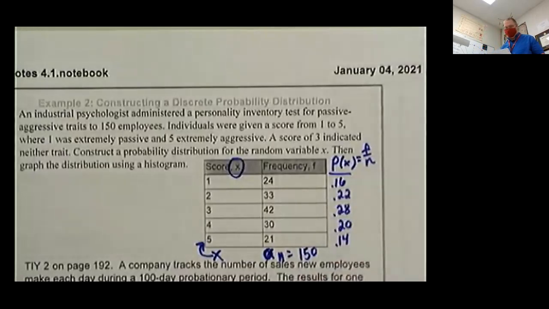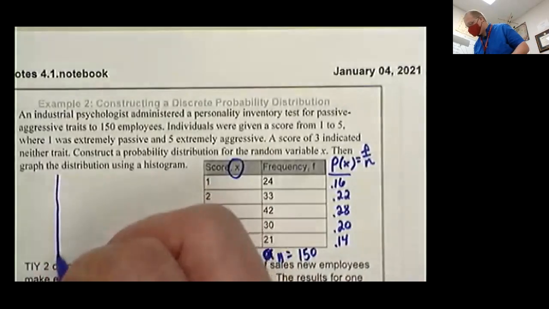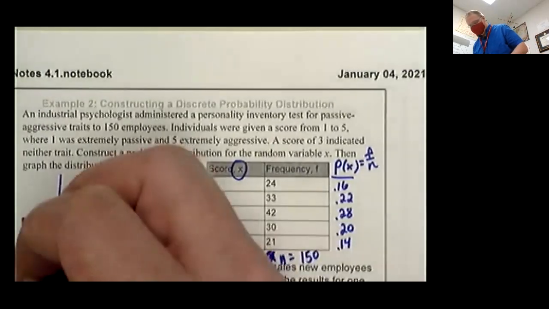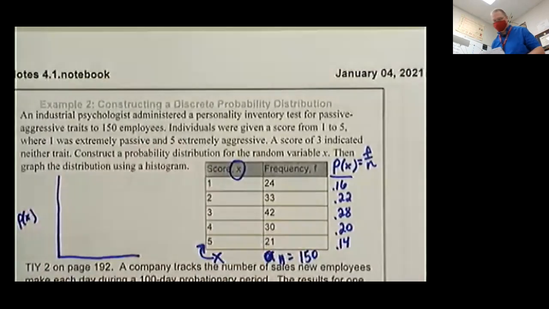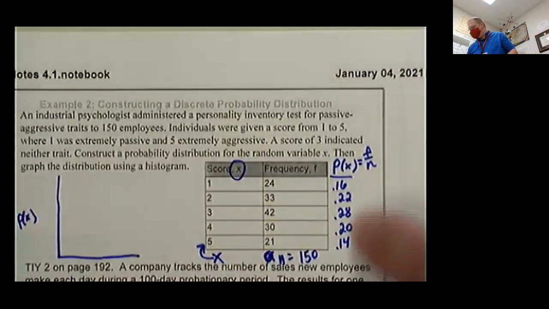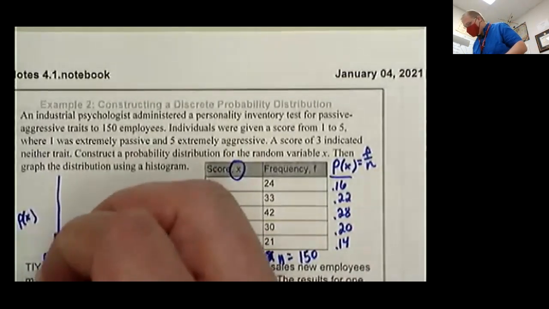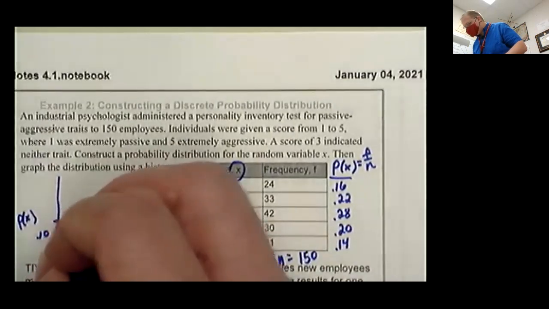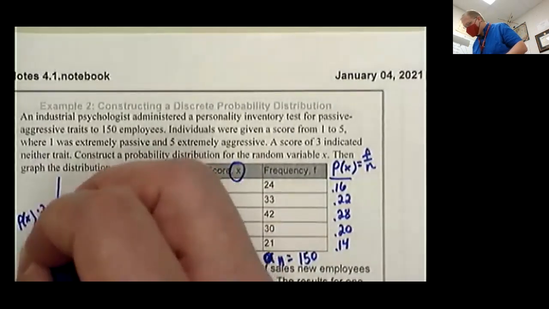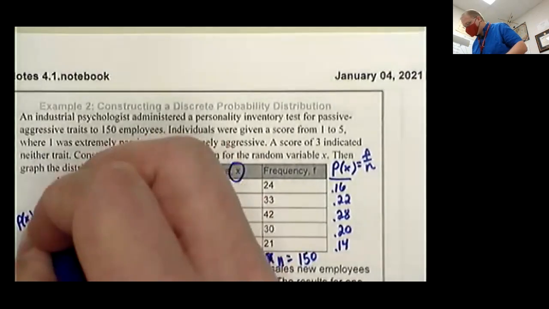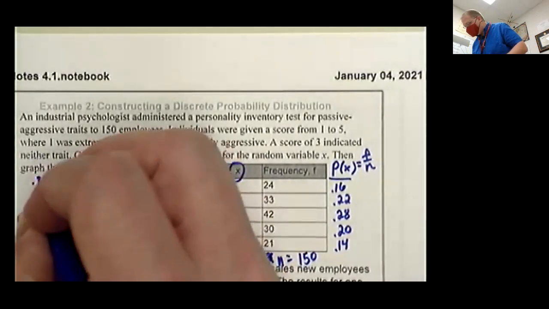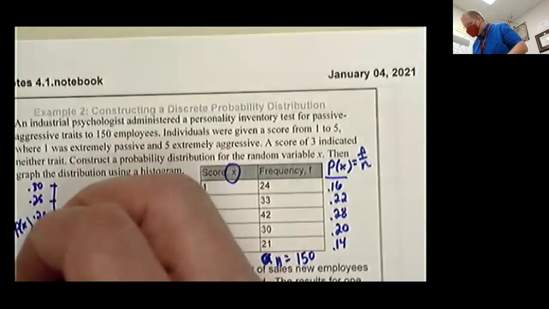So there's our probability. Now to make our distribution, we're going to make a nice little distribution graph. So here's our P(x), our probabilities. The biggest our probabilities get are about 0.30. So I'm just going to go by 0.05s. So 0, there's 0.05, there's 0.10, there's 0.15, there's 0.20, there is 0.25 and 0.30. And I'll come back and fill those in.